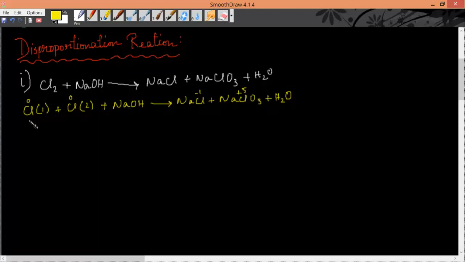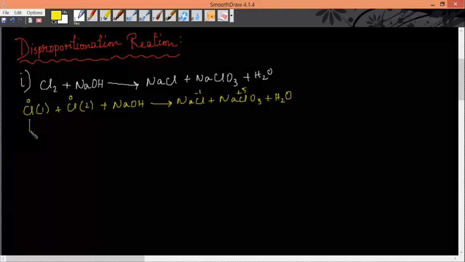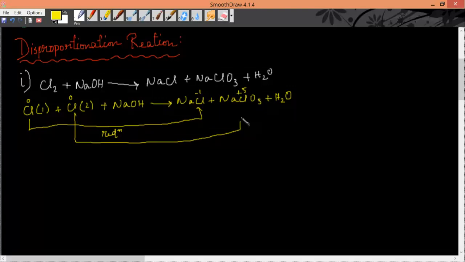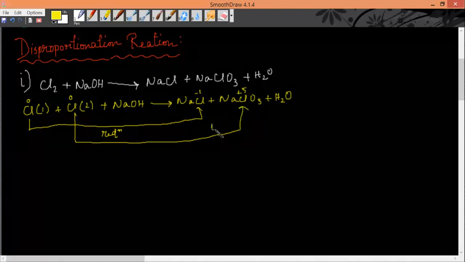Now, what is the oxidation process and what is the reduction process? We can say that from Cl2 to NaCl, it is a reduction process, and from Cl2 to NaClO3, it is an oxidation process. Okay.